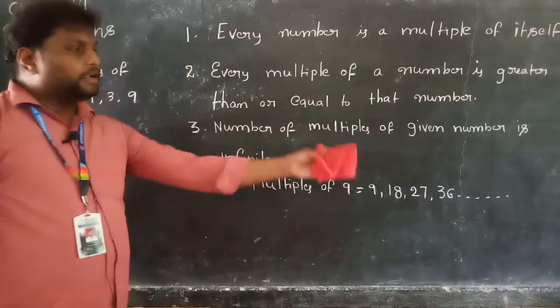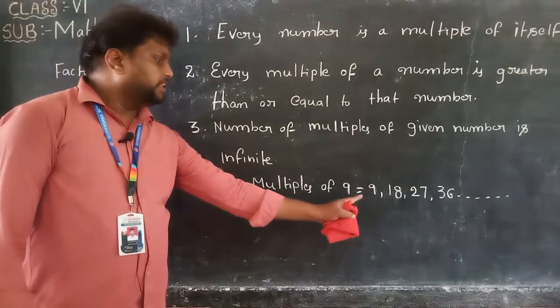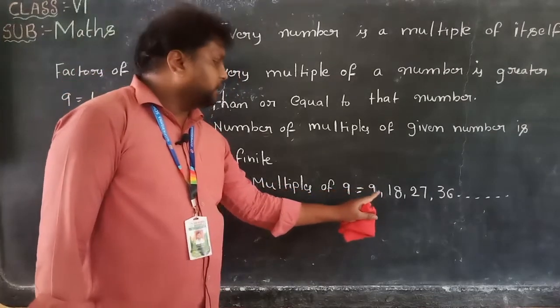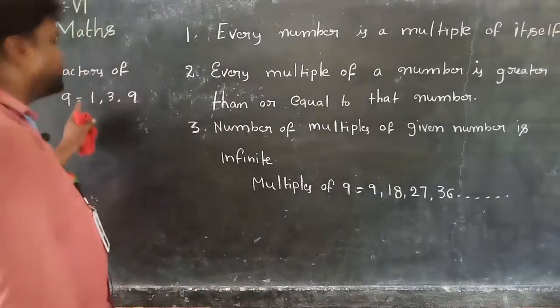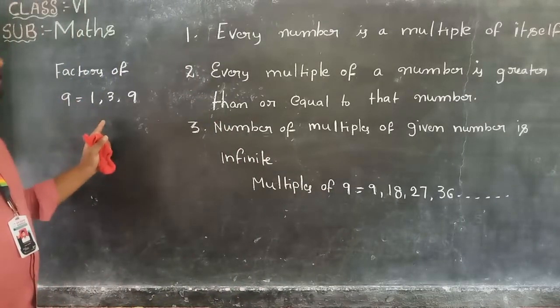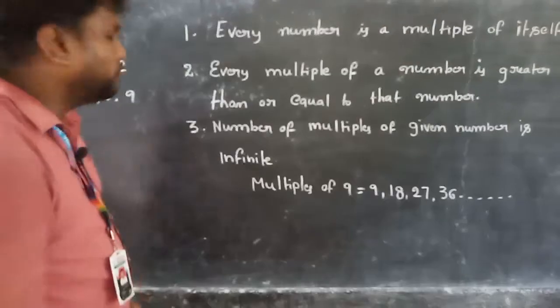We don't know the last value. It is infinite. These multiples are the given number taken once, twice, thrice, like that. In factors it is limited: 9 has just 1, 3, 9, which is finite. In multiples it is infinite. Okay.